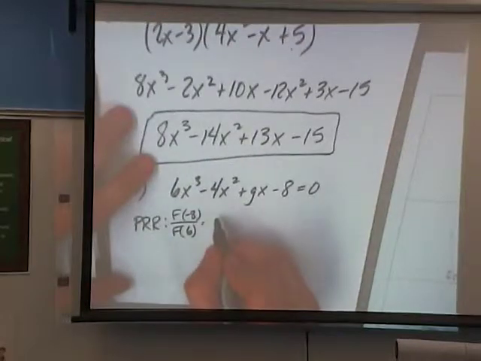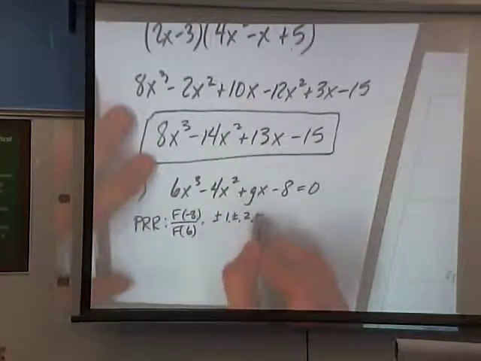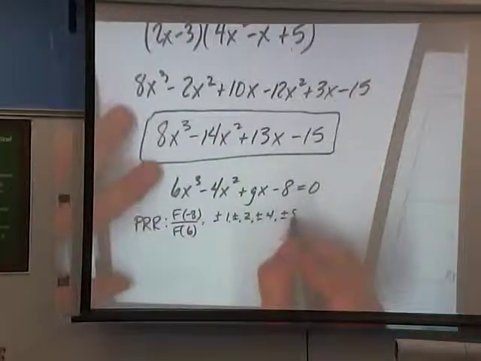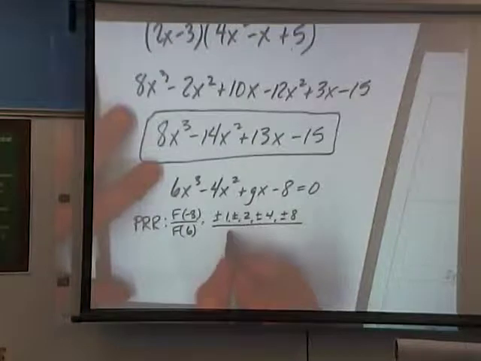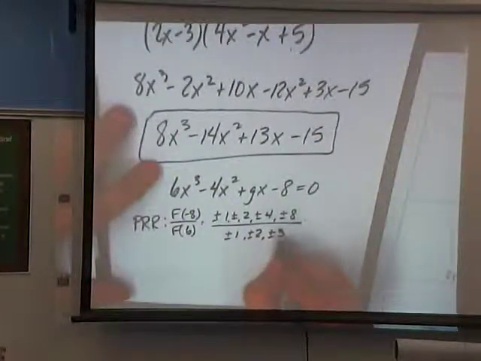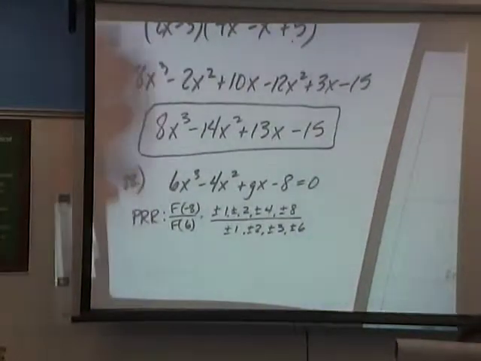The factors of 8 are plus or minus 1, 2, 4, and 8. The factors of 6 are plus or minus 1, 2, 3, and 6.